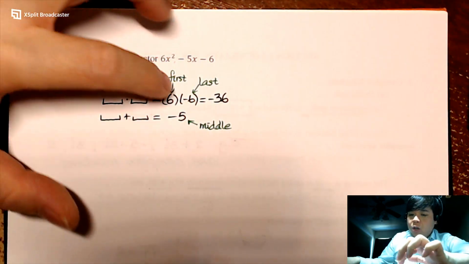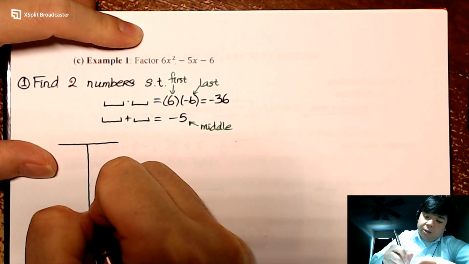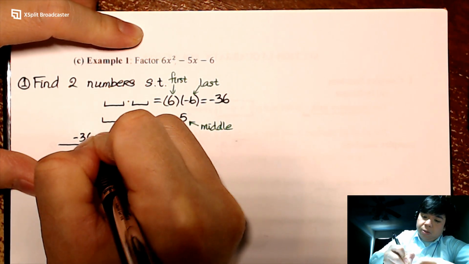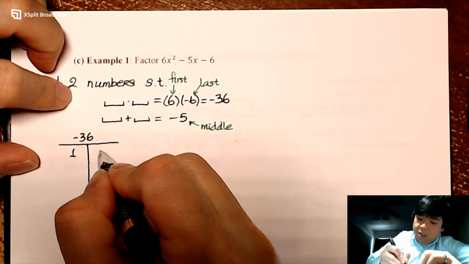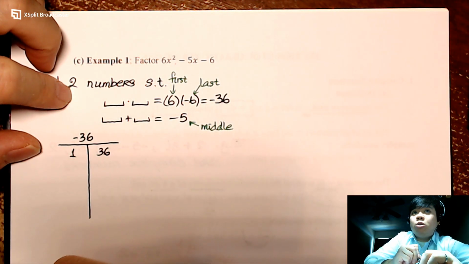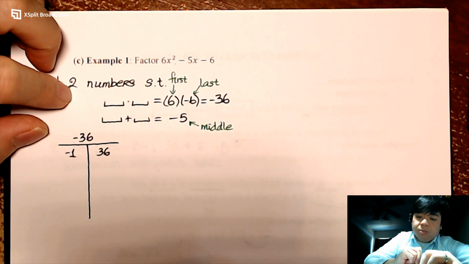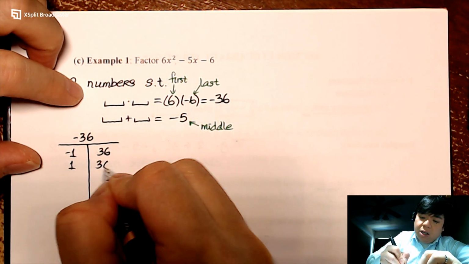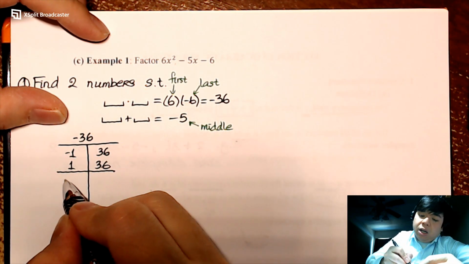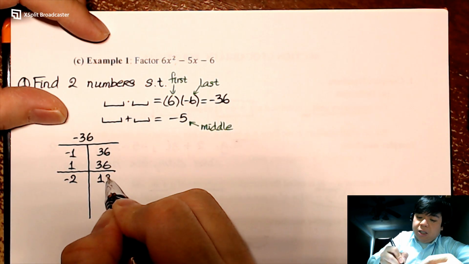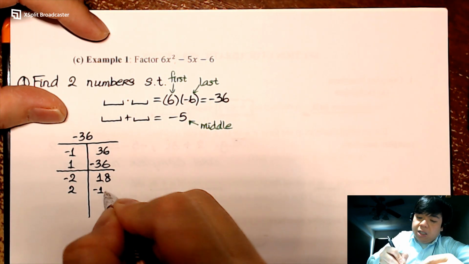Right now we just find them. So the product is -36. To get -36, what can we do? It could be 1 times 36, but one of them has to be negative. So let's say -1 and 36, or 1 and -36, but they do not add up to -5. So we have to go to something else. -2 and 18. Nope. 2 times -18.